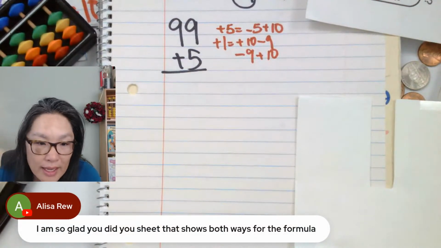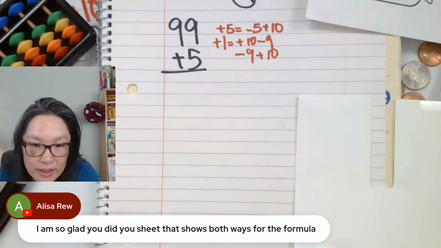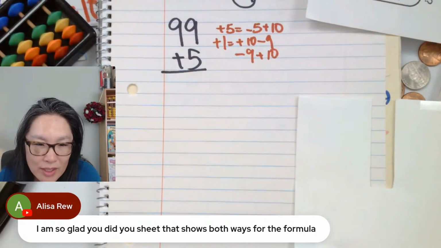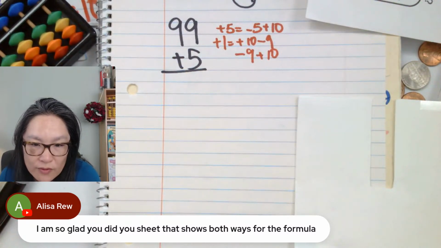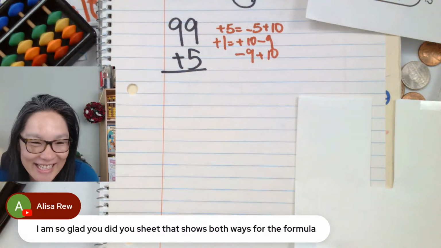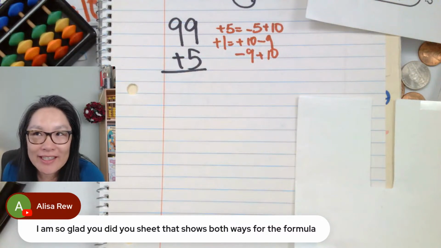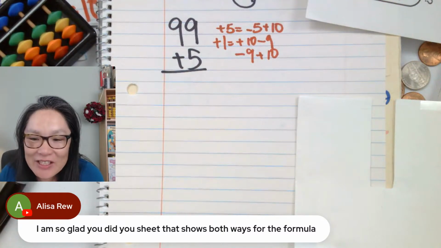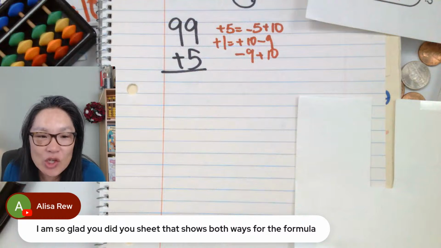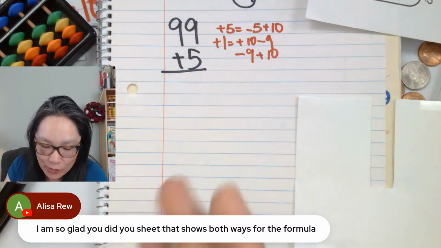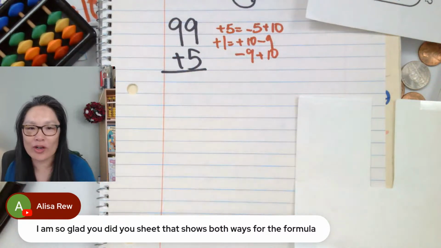I'm so glad you did the sheet that shows both ways for the formula. Oh yeah? Yeah, in the beginning it was a little confusing. But no, I appreciate that. And it's funny because I didn't know why I needed to, but now I know why, and I found the words for it.